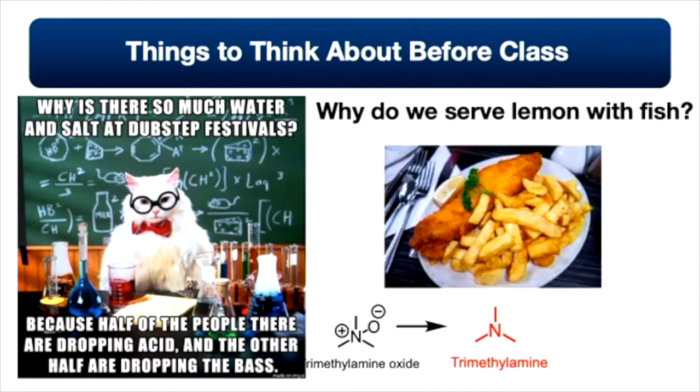And so, if you have a nice fish and chips plate up there, what you'll do is you'll sprinkle some citric acid from lemons onto it, and you will move that trimethylamine from a volatile organic compound to something that now has a positive charge and is not volatile anymore, which means you cannot smell it. So you turn a pretty smelly fish into something much tastier just using organic chemistry.